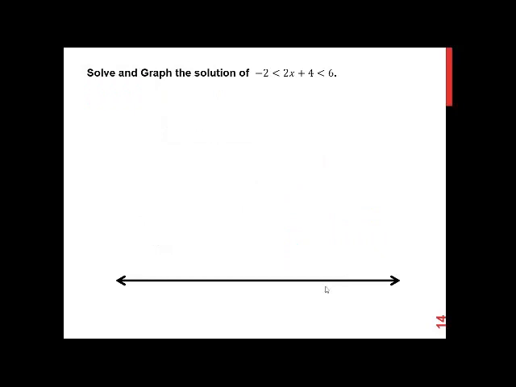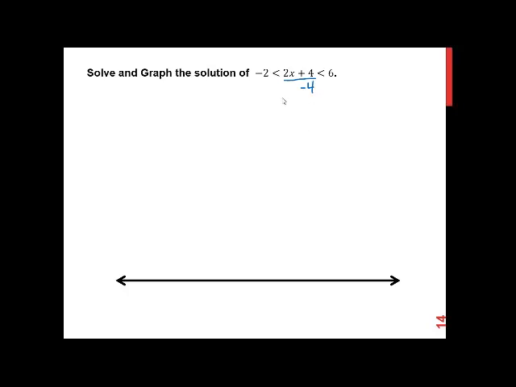Solve and graph the solution of negative 2 is less than 2x plus 4 is less than 6. Well, if this were just an equation where one side was 2x plus 4, the first thing I would do is subtract 4 to get rid of the constant.